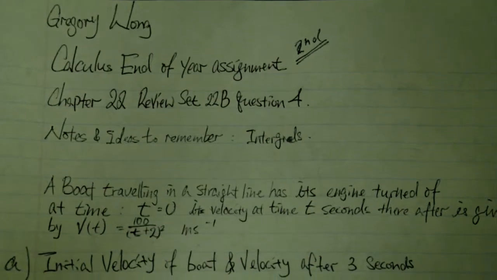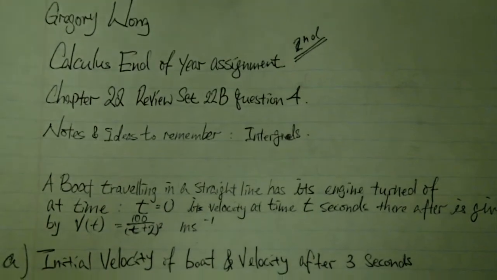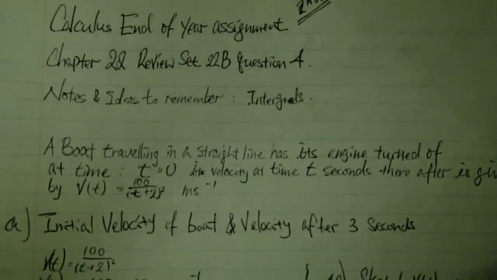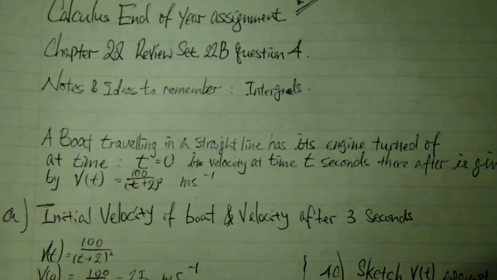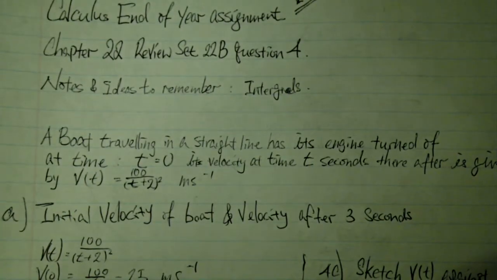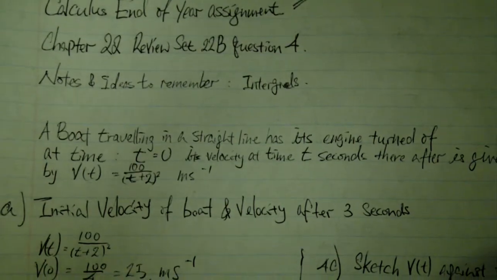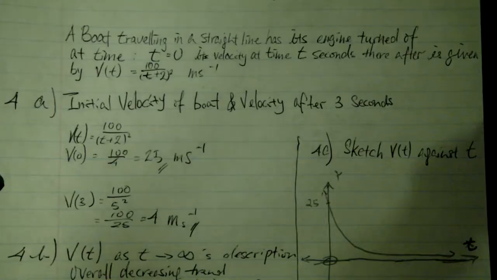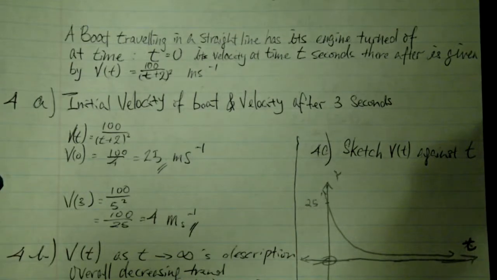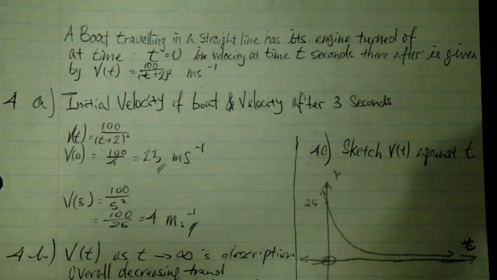Its velocity at t seconds thereafter is given by 100 over (t plus 2) squared meters per second. The first question is the initial velocity of the boat and the velocity after 3 seconds.